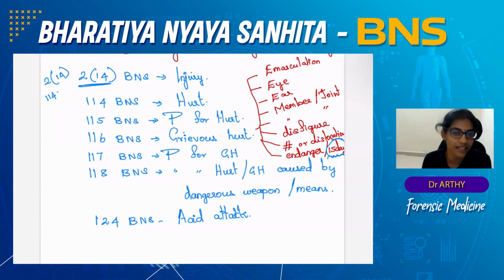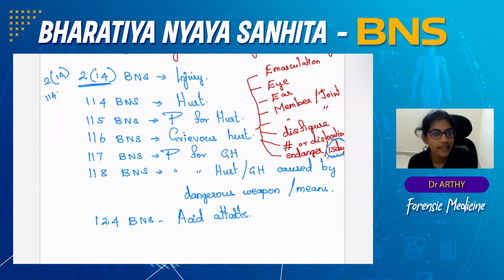So this is what they defined and maintained. The only thing is, previously we had it in different sections, now we have it in new sections. In grievous hurt, they have made it from 20 to 15 days. So that becomes important.